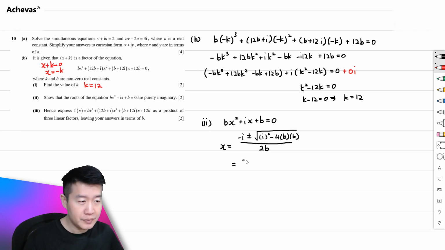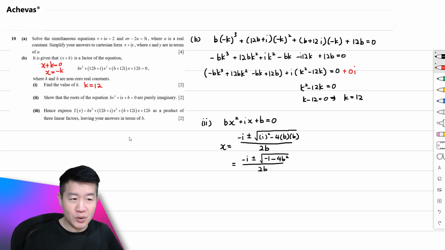So I have minus i plus or minus the square root of this. i squared is minus 1. So I have minus 1 minus 4b squared, divided by 2b. And we're supposed to show that this root is a purely imaginary number. So if the complex number is x plus iy, we're expecting it to have no real portion. It is just going to be this portion here.